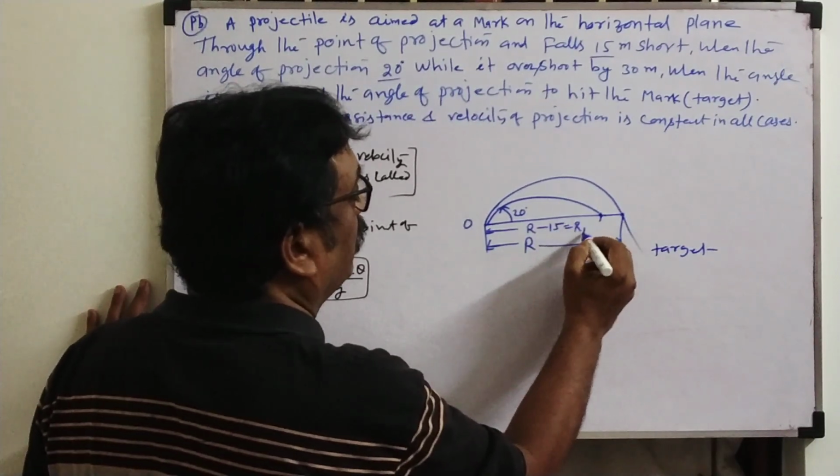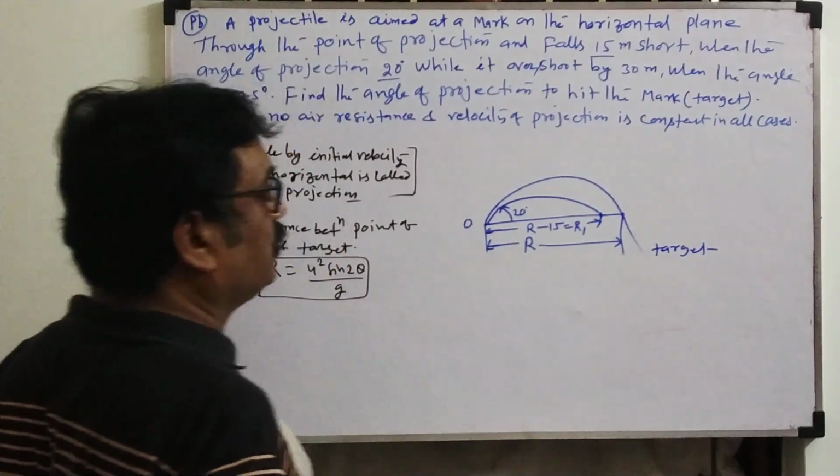This is called R1. R minus 15, this is called R1.